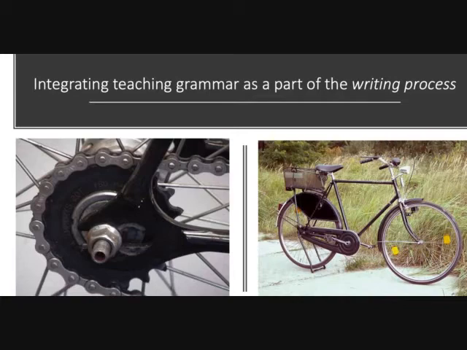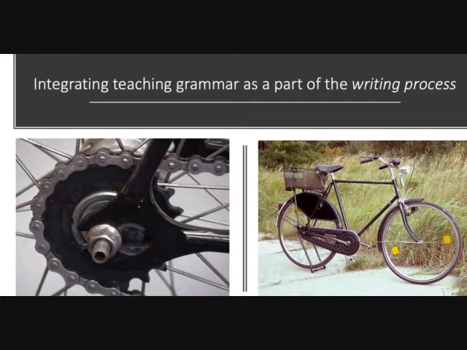So throughout the next couple of slides, I'm going to be using an analogy. Your ability to communicate or write is kind of like a bicycle. It needs to get you from A to B. Your message needs to get from you to the person you're communicating with and back and forth. So grammar is a super important part of this communicative process, but it really is only a part.